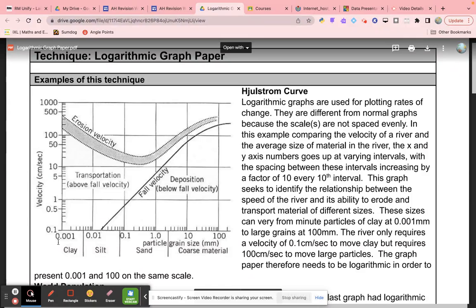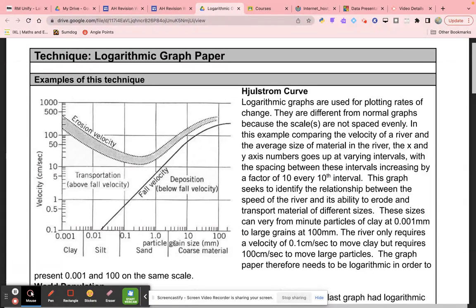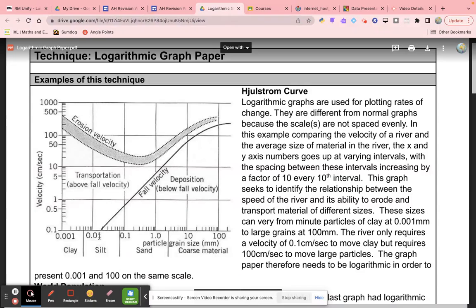A clay particle is 0.001 millimeter, so it's minuscule. Now, in that river, you may also get stones that are 10 millimeters, so like a centimeter, or even 10 centimeters, like we have up here. So these are much larger. These are stones. We might have particles of sand, which could be between 0.1 millimeter up to a centimeter. Likewise, we have silt at 0.01.